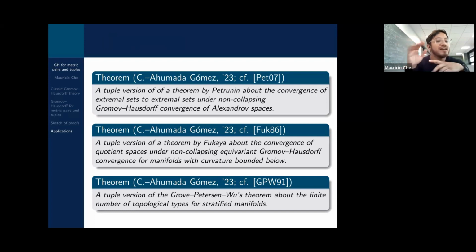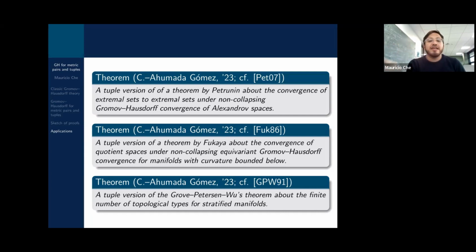We are considering only manifolds with curvature bounded below, and where the limit is some Alexandrov space which also has an action. And also this convergence is non-collapsed. So this is a very particular case, just where we could manage to say something.